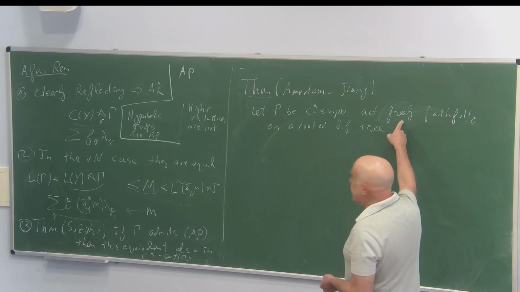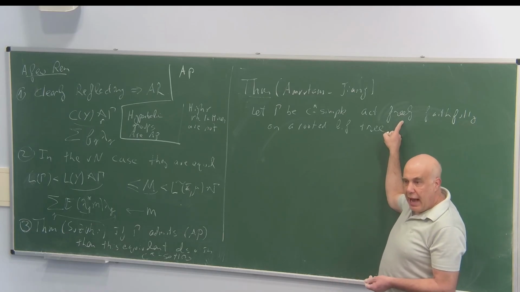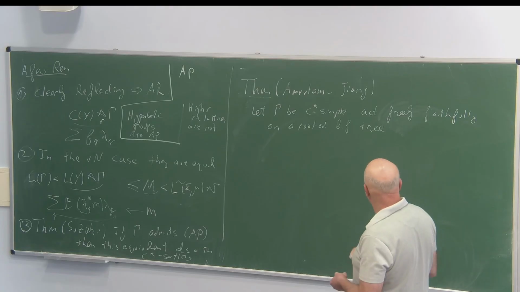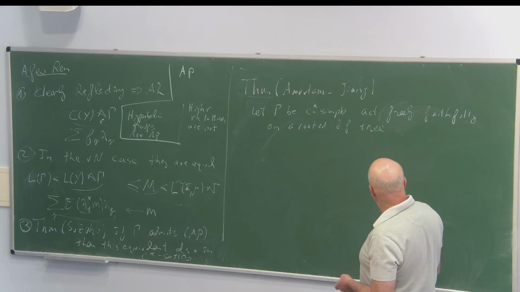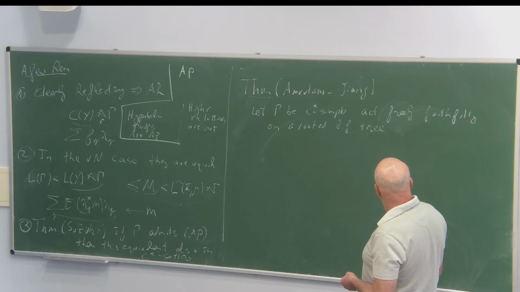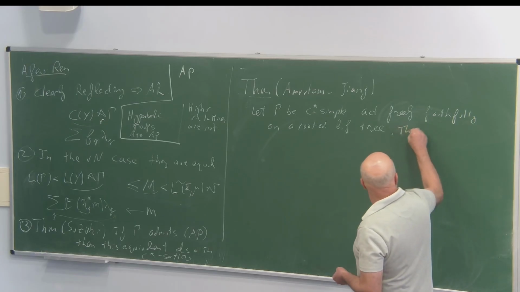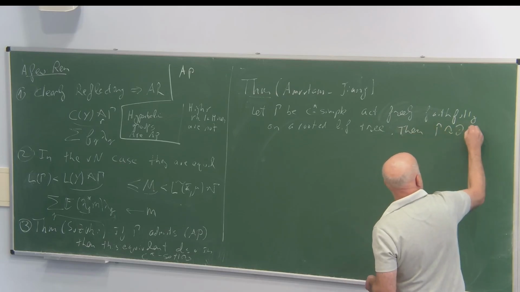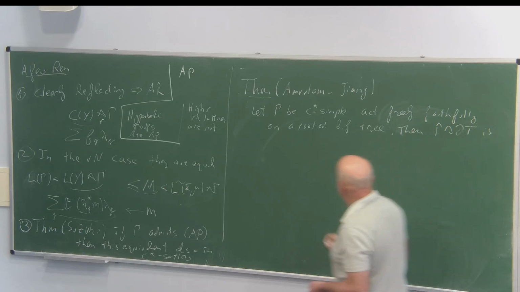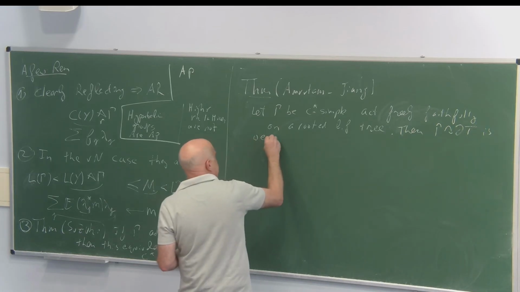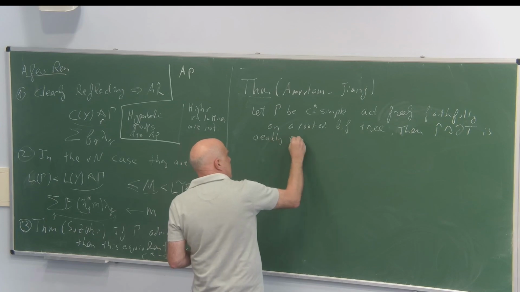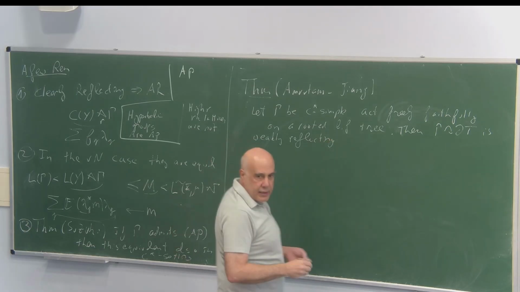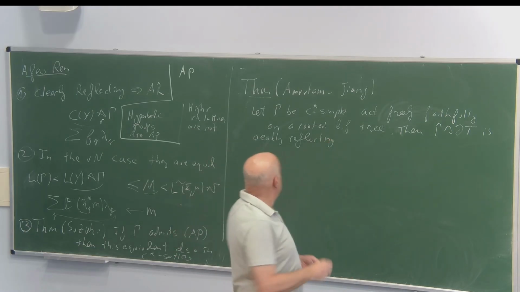When I mean freely, I mean, of course, the boundary action is free. The action on the tree itself is never free. Then this action, the action of gamma on the boundary of the tree, is weakly reflecting. Weakly is the same as almost? Almost, yeah.